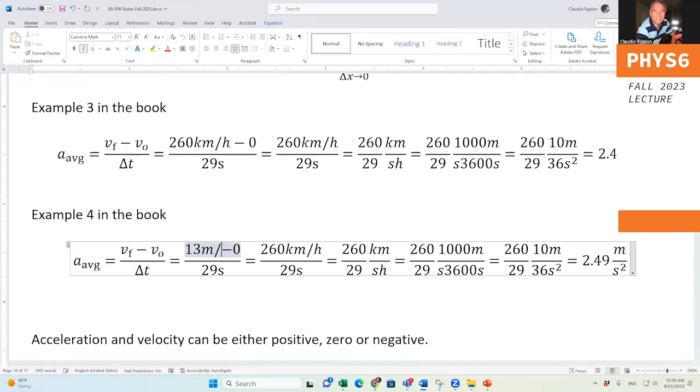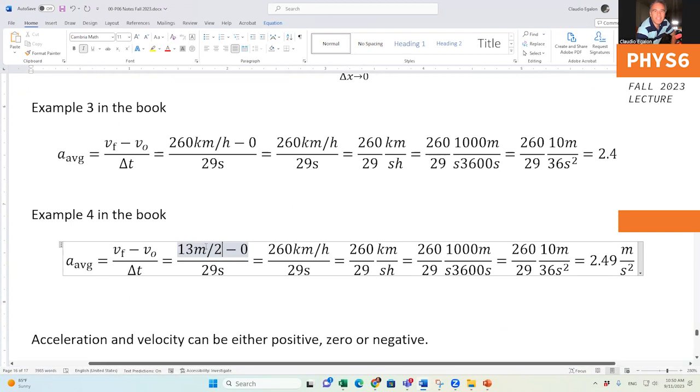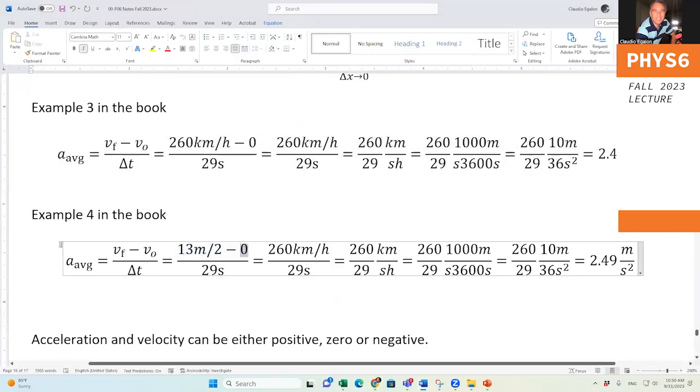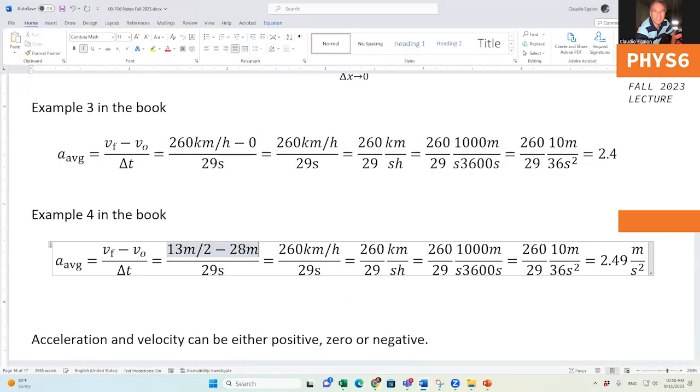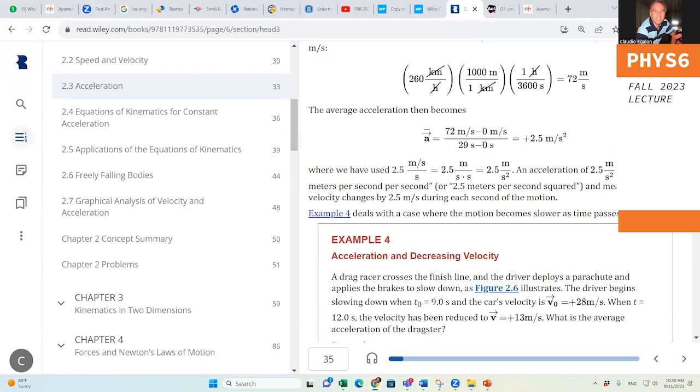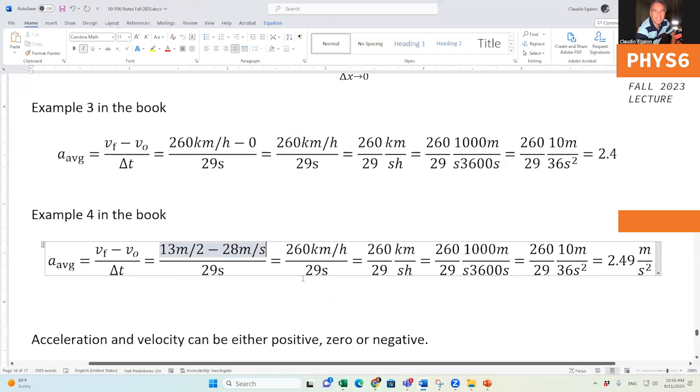13 meters per second. That's the final velocity. Initial velocity was 28 meters per second. And delta t was 12 seconds. Oops, it's 12 seconds here.